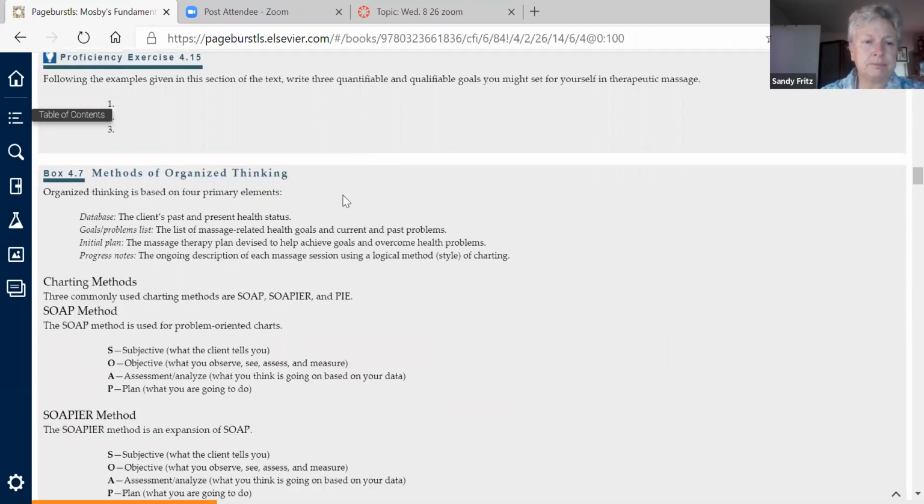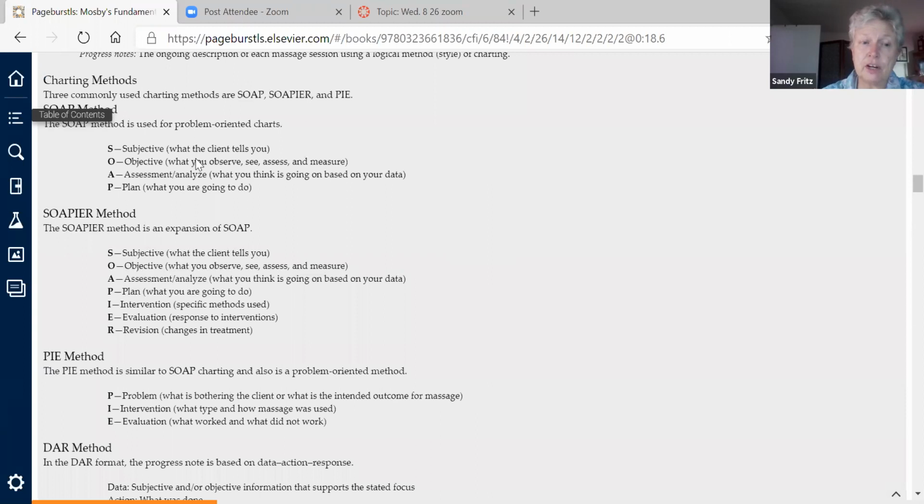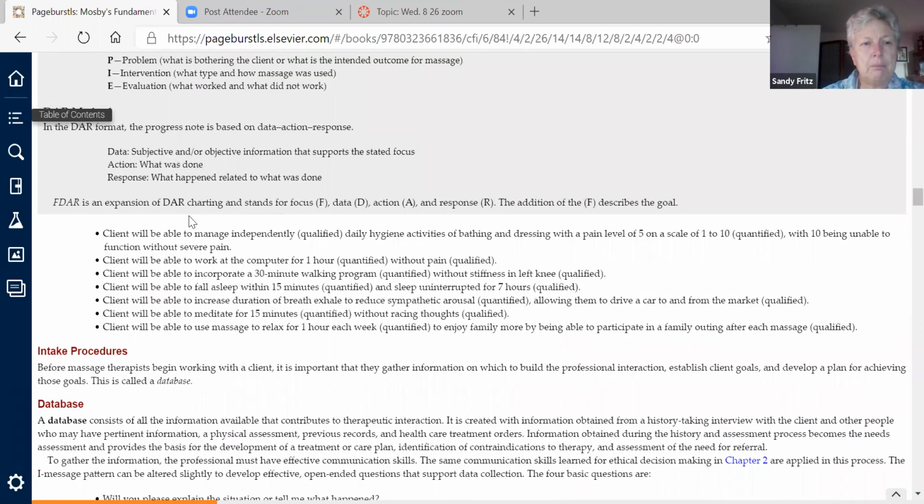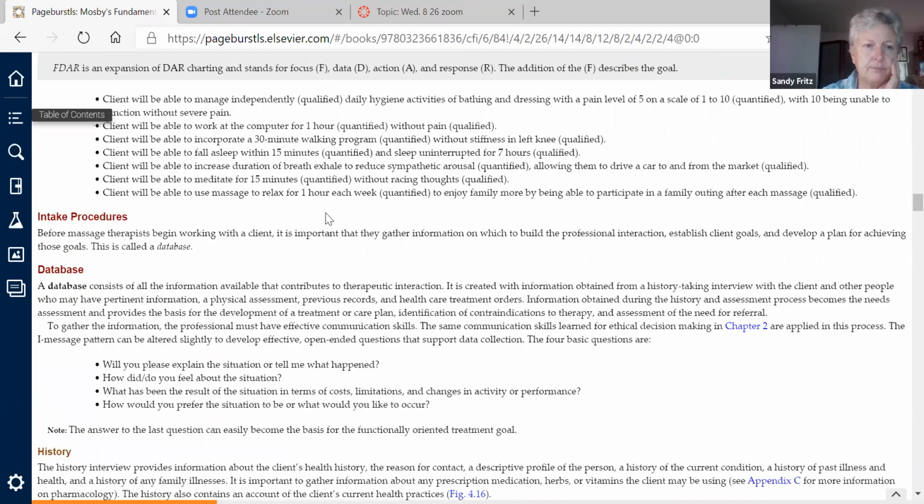Different styles of charting are outlined here. I personally think that the SOAP pattern supports critical thinking and follows the scientific method. So it's good for teaching at entry level, but that doesn't mean that you can't use a more simplified version once you go into professional practice.